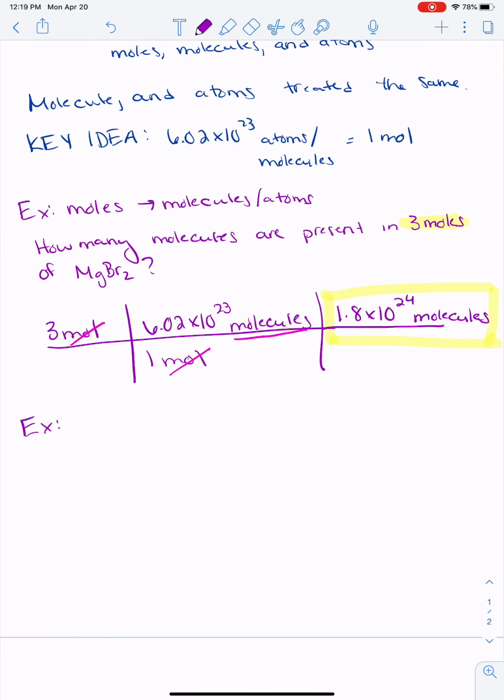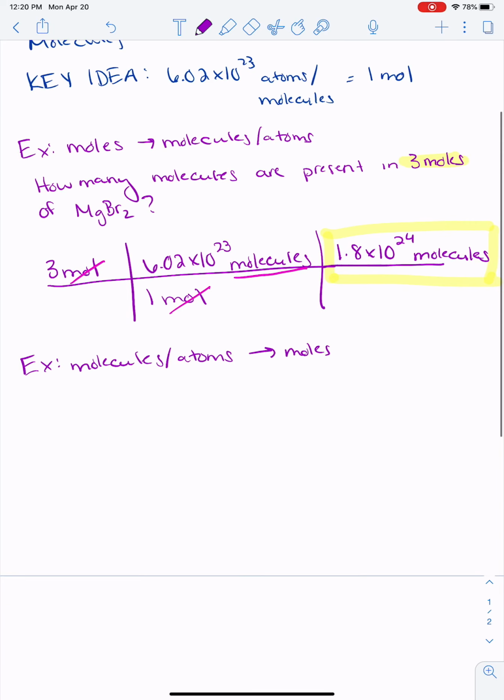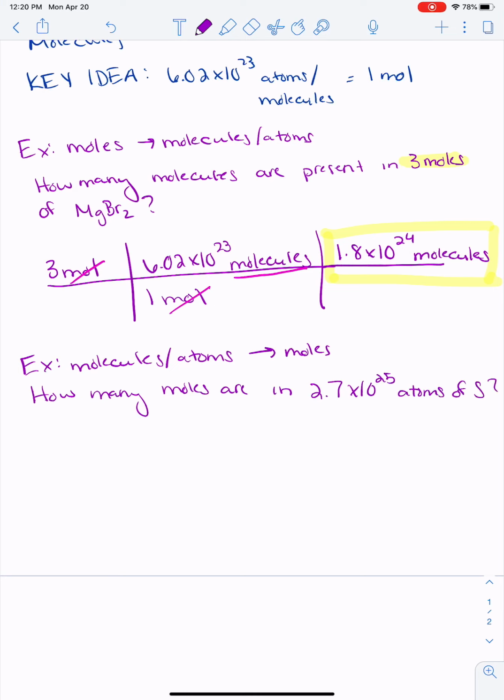So for this example, we're going to go from molecules or atoms to moles. So our question here is going to be, how many moles are in 2.7 times 10 to the 25th atoms of sulfur?